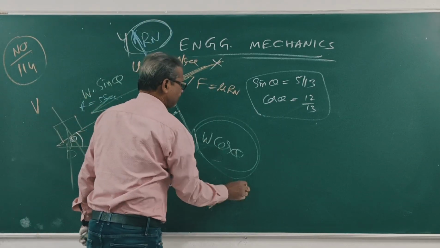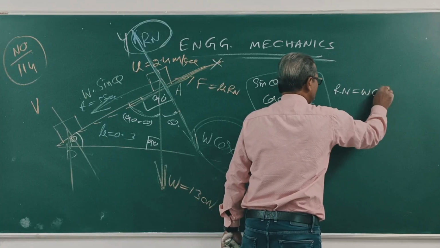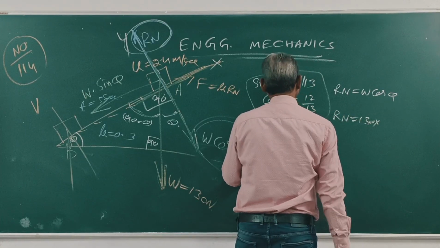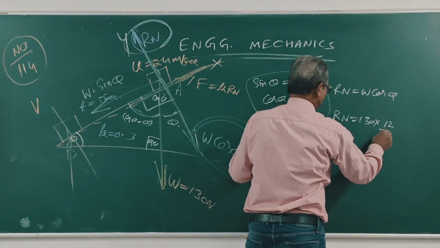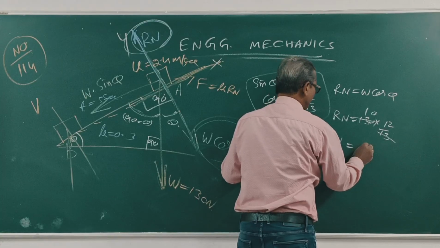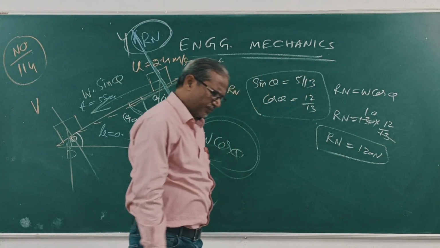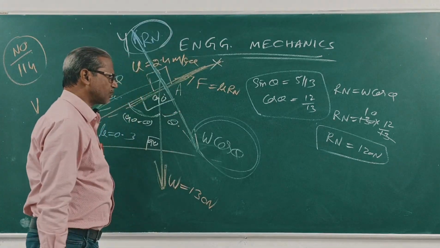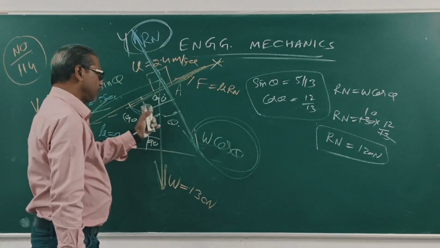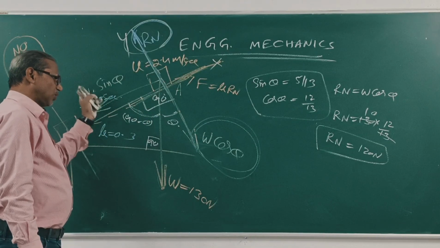Rn is equal to W cos theta, which is 130 into 12 by 13, so Rn is equal to 120 Newton. Now the resultant force along the plane is W sin theta minus friction, that is, W sin theta minus mu Rn.